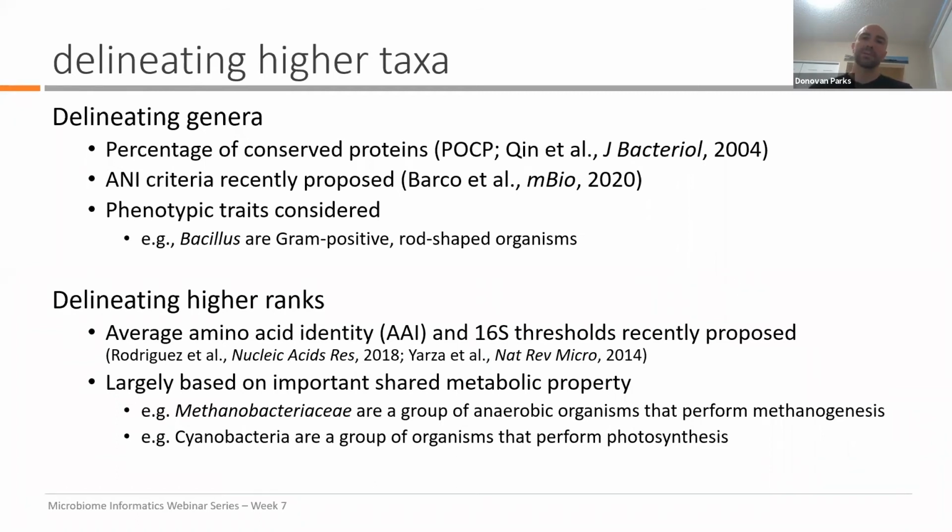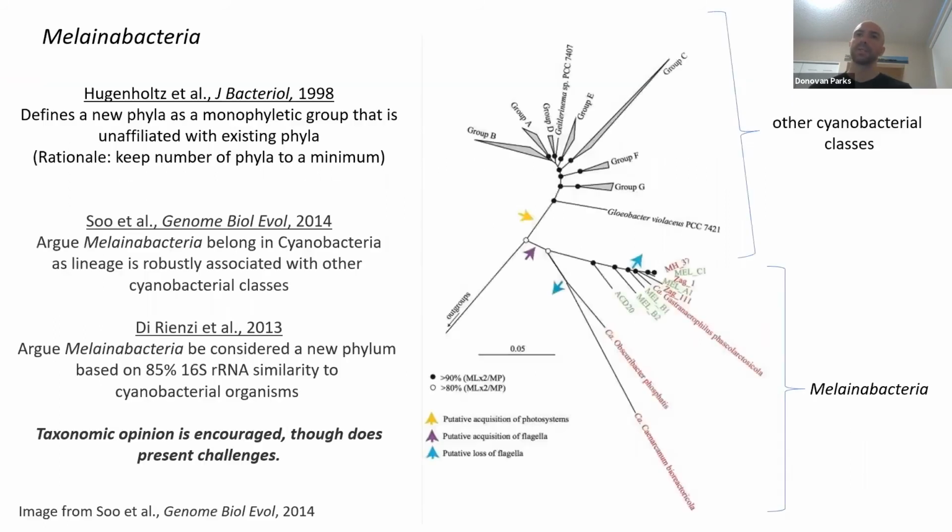So we have things like Methanobacteriaceae, which are a group of anaerobic organisms that perform methanogenesis, or cyanobacteria, which is a phylum of organisms that perform photosynthesis. Now, just like species, these higher taxa are a matter of taxonomic opinion about how you want to decide which organisms belong to a taxon.